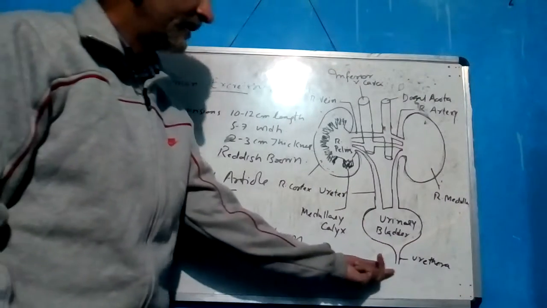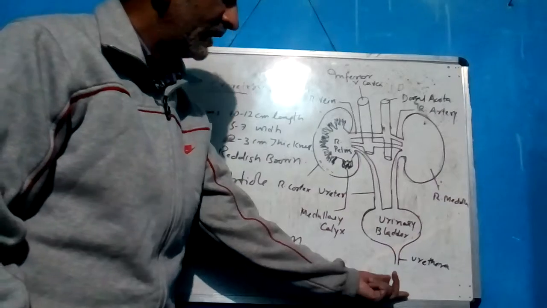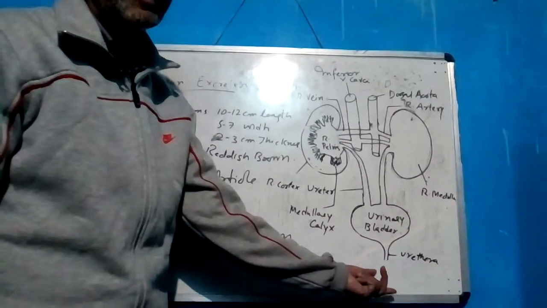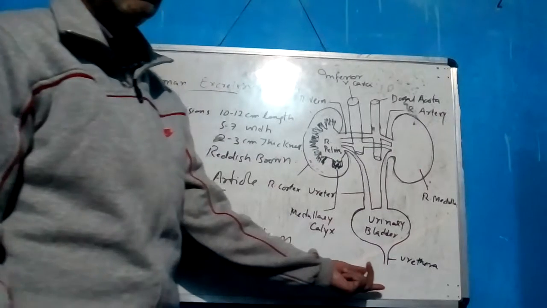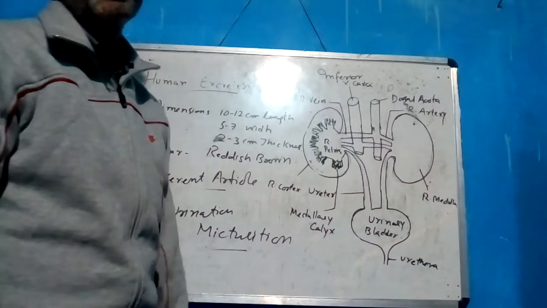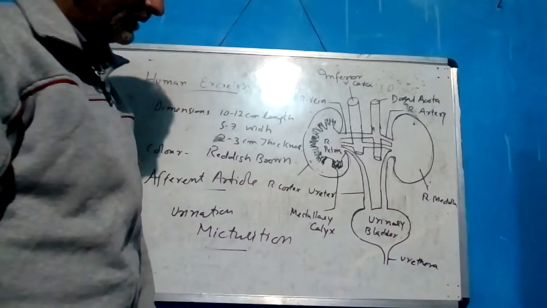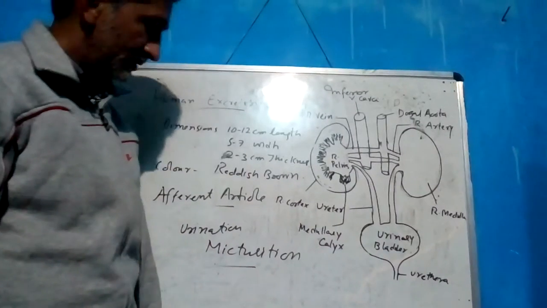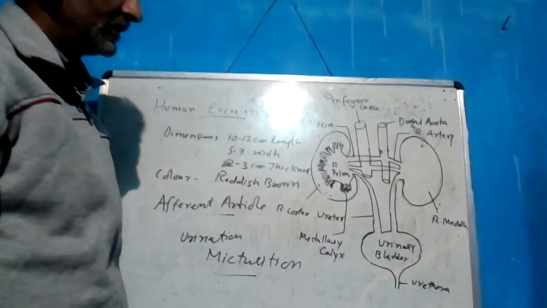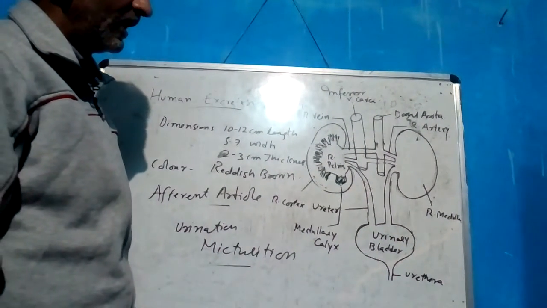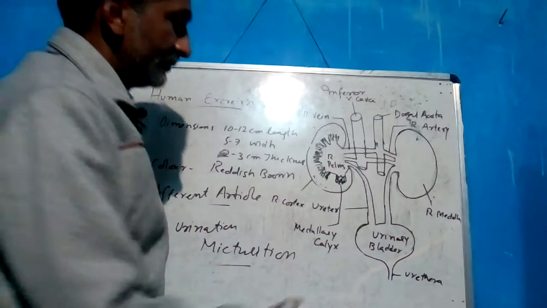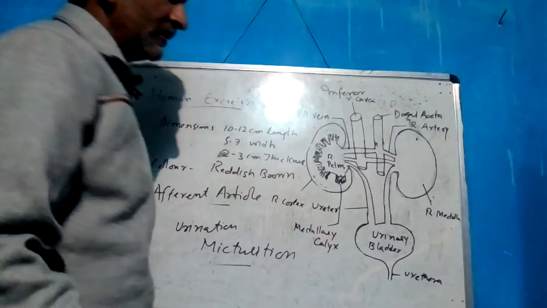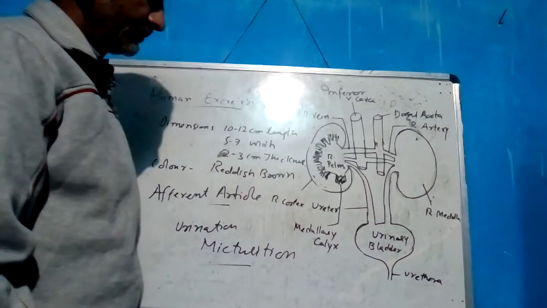The urethra at the end has certain sphincters or valves which are partially voluntary and partially involuntary. The action of such urethral sphincters helps in the removal of urine from the urinary bladder out of the body.